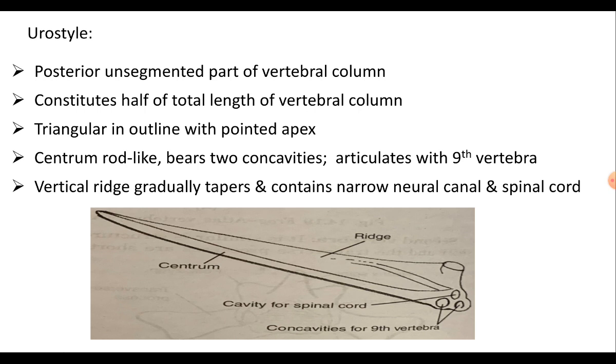The neural arches and the neural spines are joined by ligaments, and the spinal nerves make their exit through the intervertebral foramen, that is, holes between the sides of the neural arches.